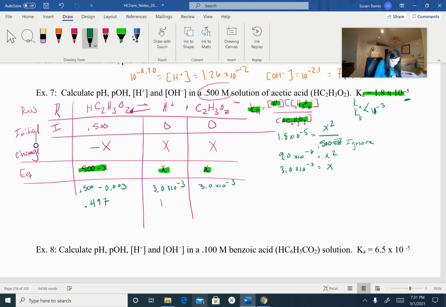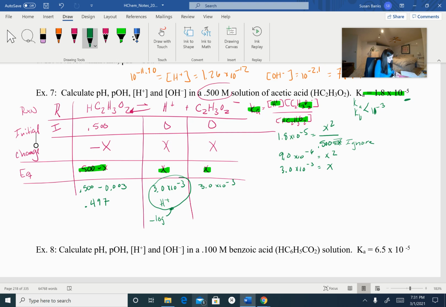Okay? So let's use these numbers to calculate our H, which we've already done. So here's our H concentration right there, right? We can use that to calculate our pH, right? So let's take our negative log of that to get our pH.